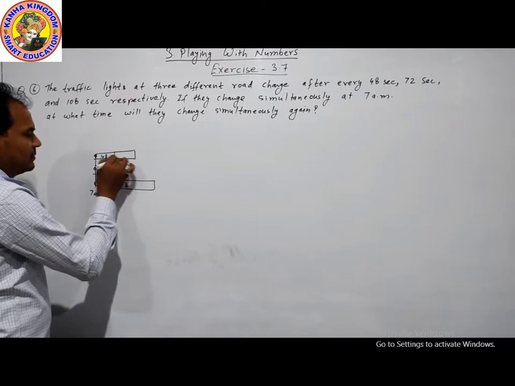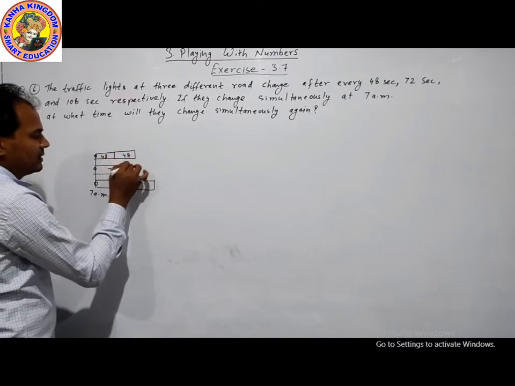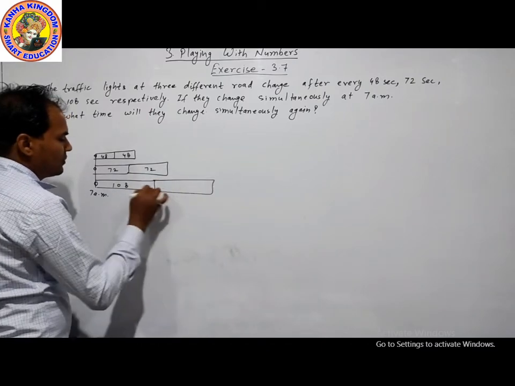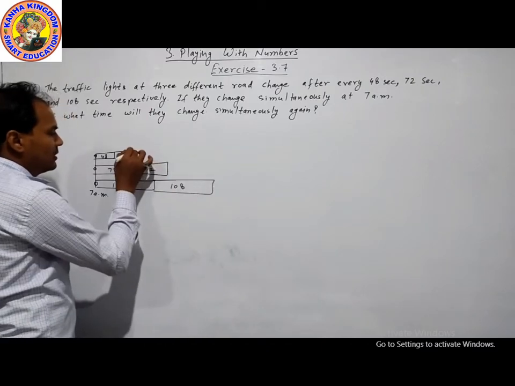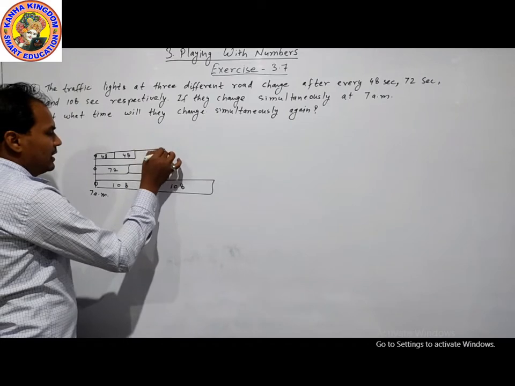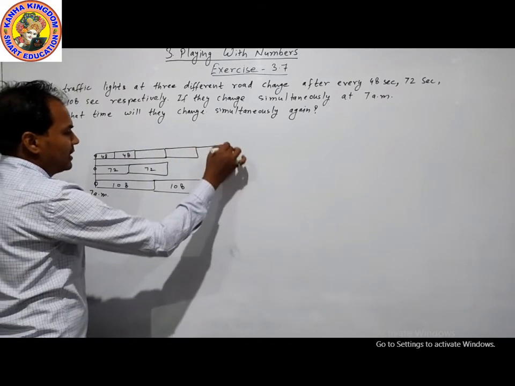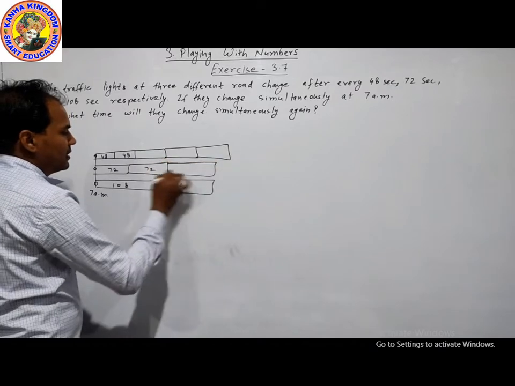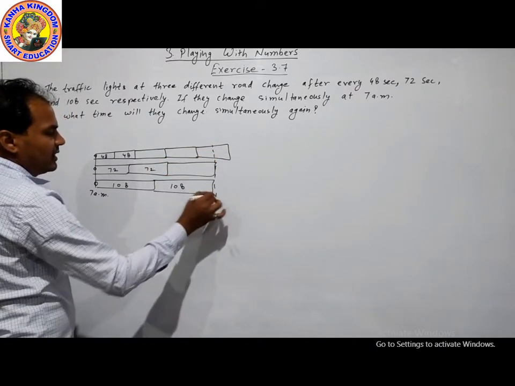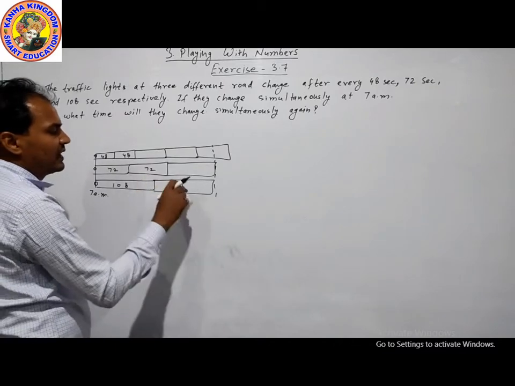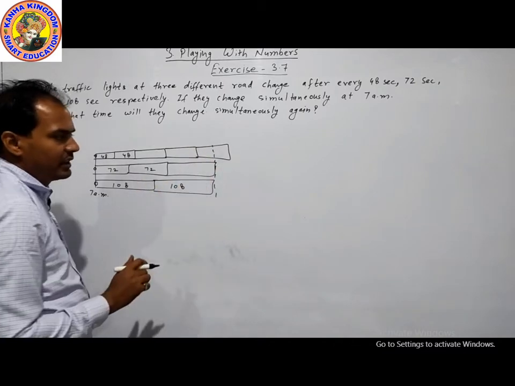Then next time it will be 48, 72 and 108 again. How many times will the 3 traffic lights blink simultaneously?